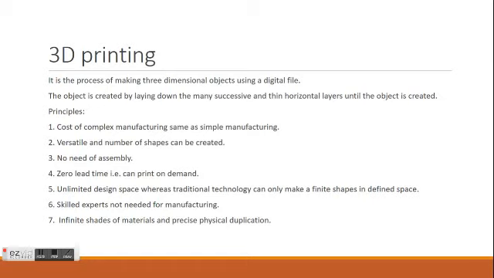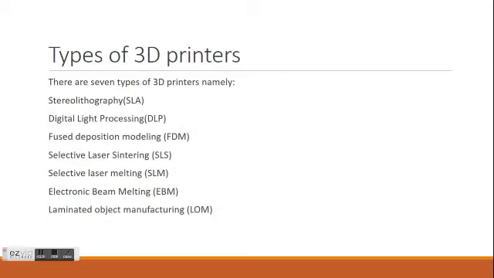The zero lead time, unlimited design space, no need for skilled experts, and infinite shades of materials are the other principles of 3D printing. There are various types of 3D printers, and these are the following 7 types.